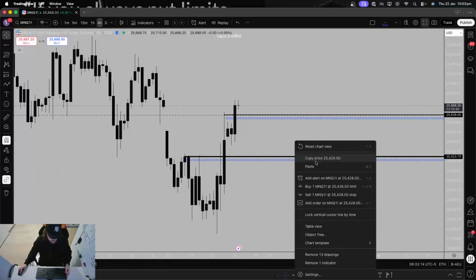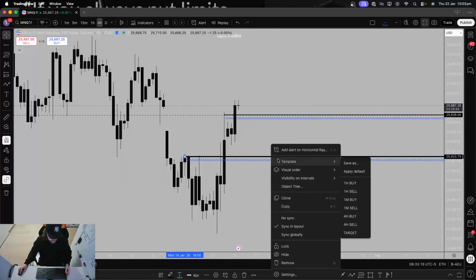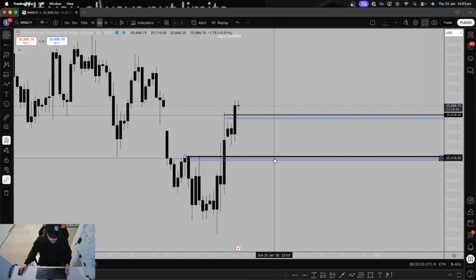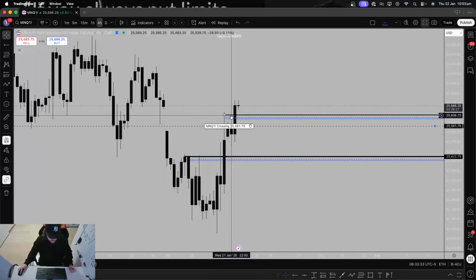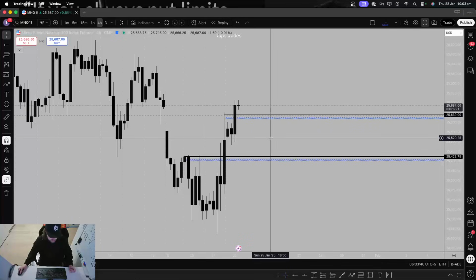So you can see the way that I distinguish them is quite simple actually. The 4 hour has the thicker line, and it has this little distinguishing symbol which signifies anything above this level I'm looking to take buys, which is the same here. The level is thinner on this one, and that signifies the 1 hour level of interest I'd be looking for.